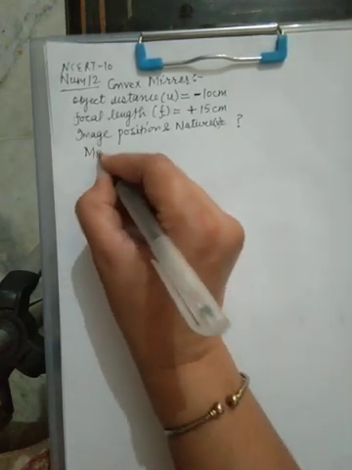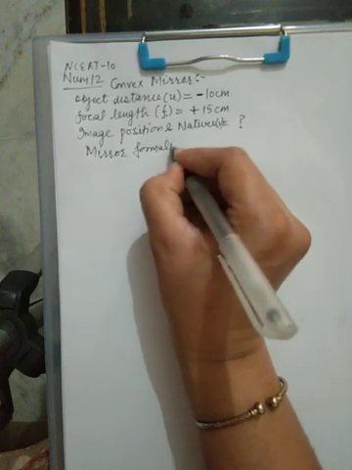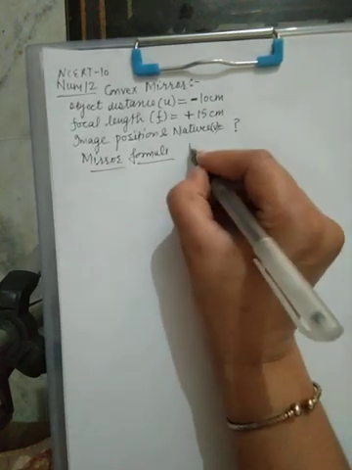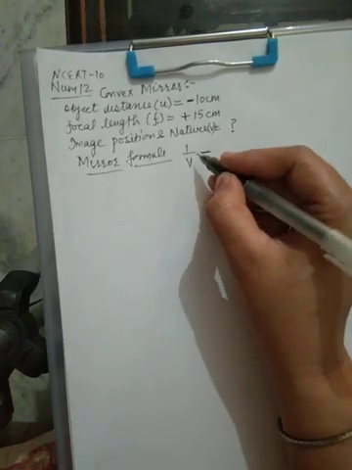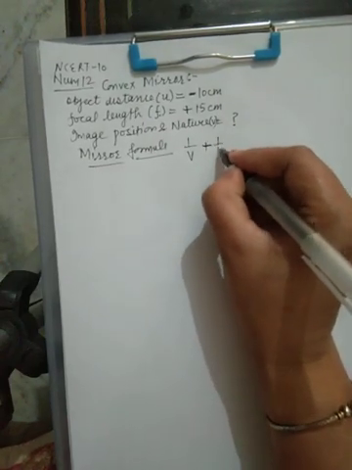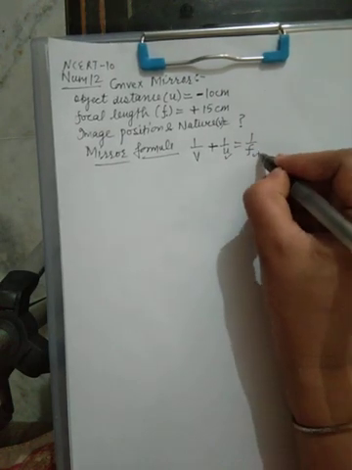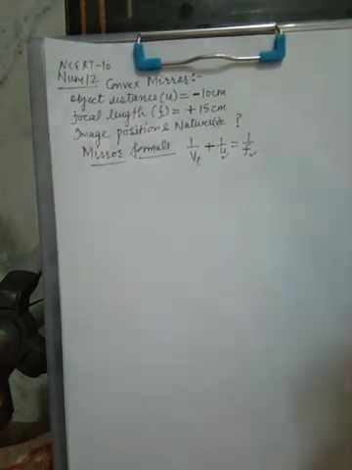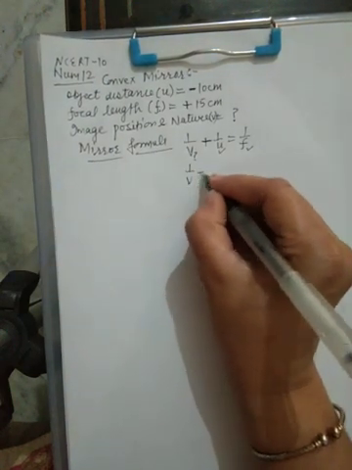So as we are using mirror here, so putting mirror formula. What is mirror formula? That is 1 by V plus 1 by U is equal to 1 by F. U is given, F is given, V is to be found out. The term which is to be found out, keep it along left hand side.